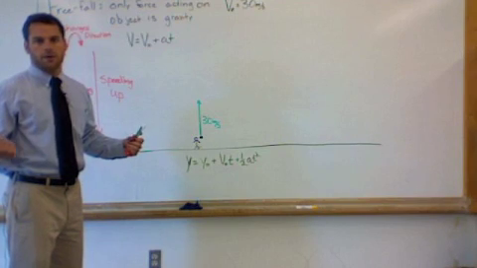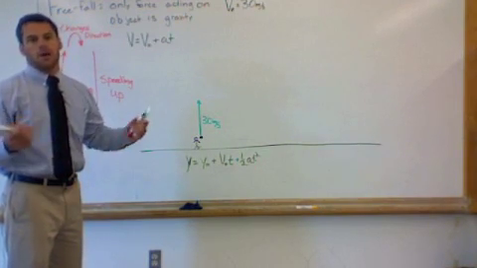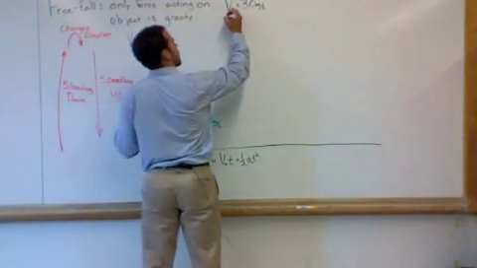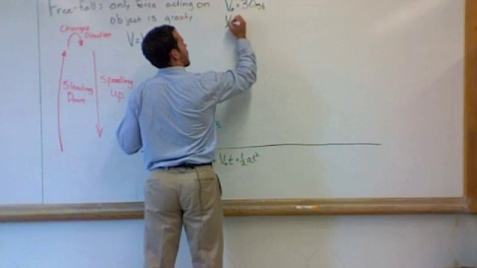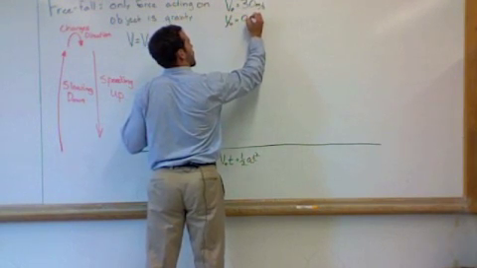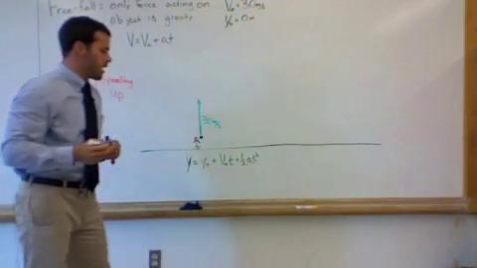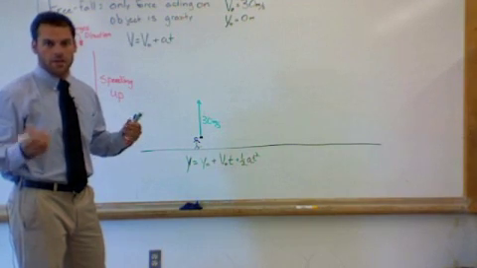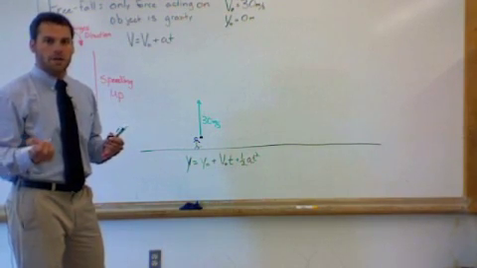Sometimes you may have a different initial position, say if something's up on top of a cliff or something like that, different for different problems. And finally, our acceleration is going to be the same as gravity. It's the only force acting on this object.